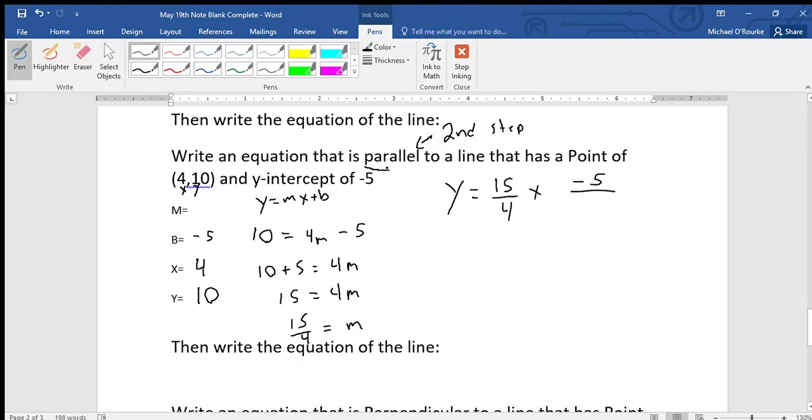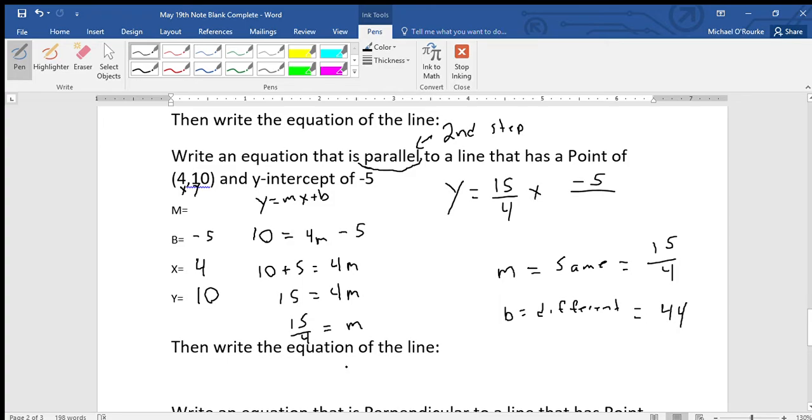Now, we're done first step, right? Second step asks for a parallel line, right? And we know that parallel lines have the slope that's the same and a y-intercept that is different. So for my new line, my slope's still going to be 15 over 4. And let's make my different one 44, because that's my favorite number.